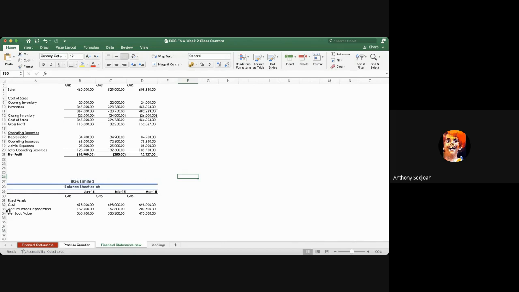But depreciation is something that goes on for a certain amount of time. So if this year something depreciated by 10 cedis and then next year it has depreciated by 20 cedis, we have to add it to get the accumulated, which is the total depreciation from the time we bought the thing till now. So let me illustrate this.